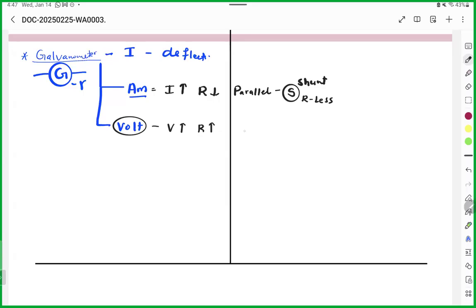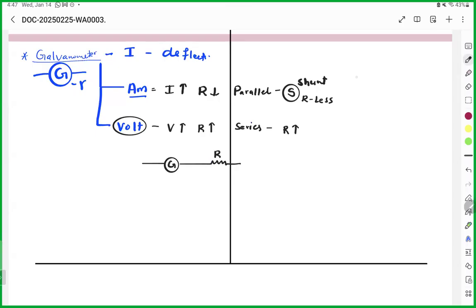And how do you get more resistance, in series or parallel? Series. You need high resistance or low resistance? High resistance. Done. So you understood, if you have galvanometer G, then you will attach an R with a very high value in series. Correct?